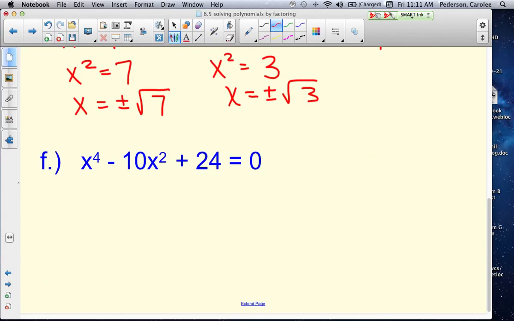Last example. This one I would recommend you write down if you didn't write the last one. Another method of using that T-chart. So we'd say, what are the factors of C that add to B?